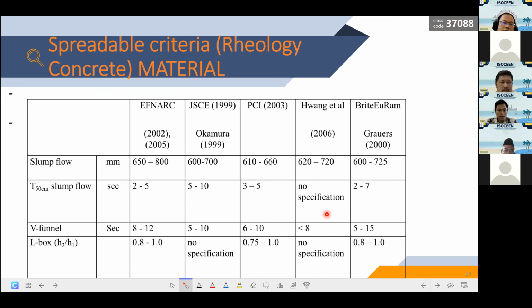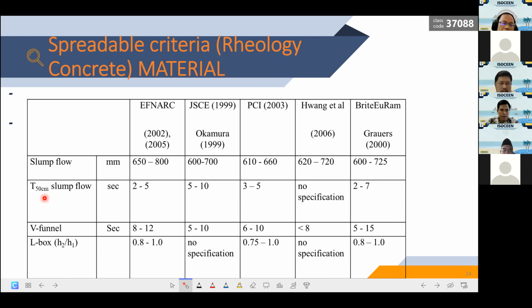Yeah, slump flow according to EFNARC, this is a European standard, is in the range 650 to 800, and this is a Japanese standard. This one is from France. This one is another previous study.